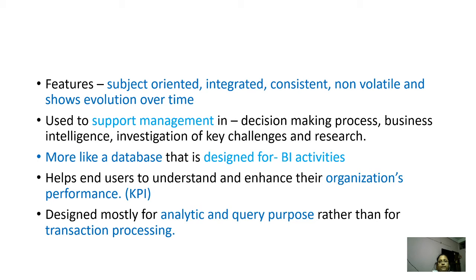The data that we store in the data warehouse must be integrated. There should not be any confusion or discrepancies between the data from different departments, and it should be consistent. Once we store the data, we are not going to disturb it anymore unless it is essential.